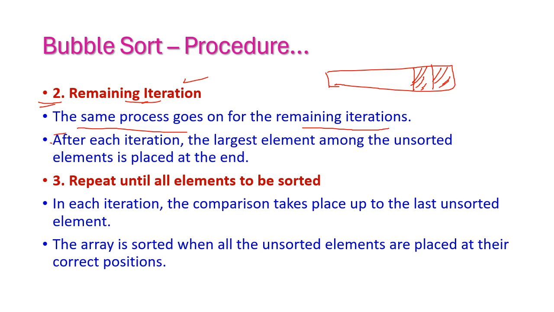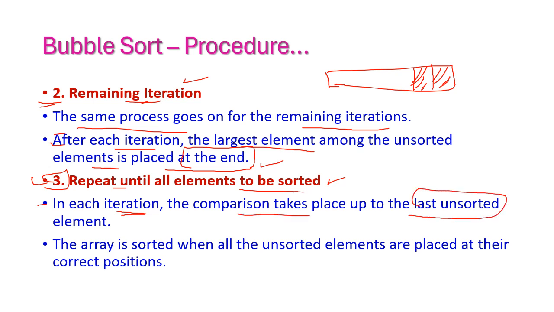That is, after each iteration, the largest element among the unsorted elements is placed at its right position, at the end. This is repeated until all elements are sorted. In each iteration, the comparison takes place up to the last unsorted element, and the array is sorted when all unsorted elements are placed at their correct positions.